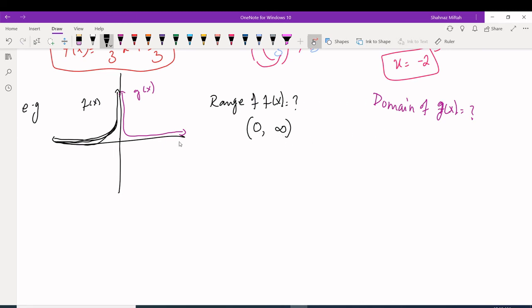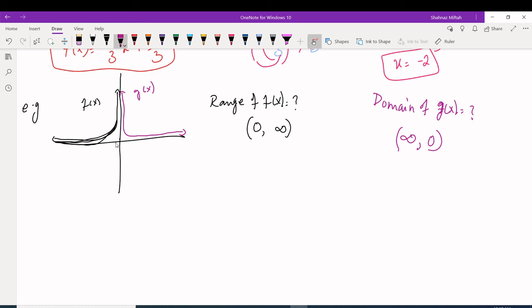So without even looking at the graph of g of x, the inverse graph, I can tell my domain of the inverse function is going to be infinity and 0. So I'm starting the domain of the inverse, this one, all the way to 0.